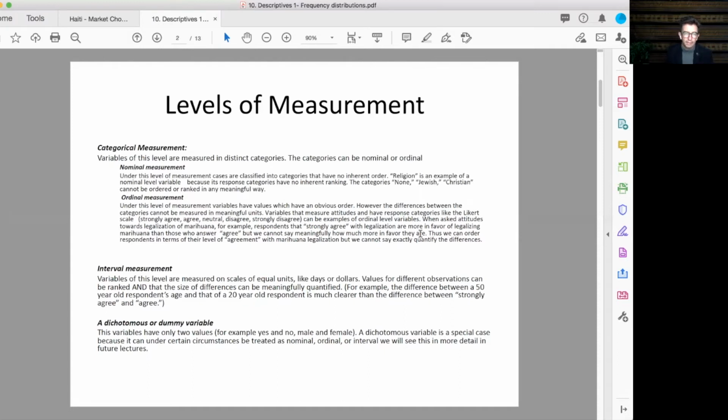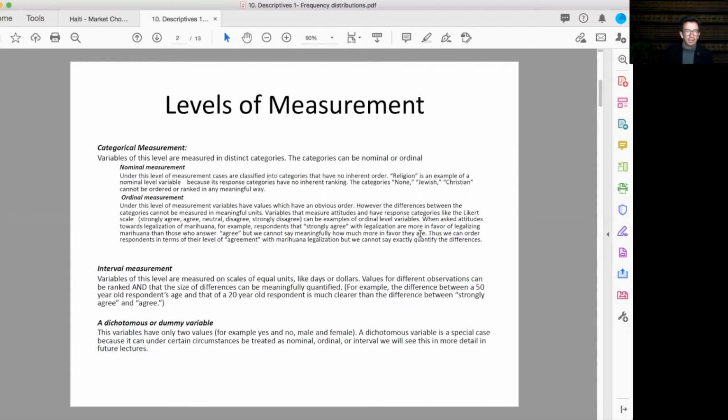However, categorical variables can also be of ordinal measurement. And under this level of measurement, variables have values that have an obvious order, right? For example, variables that are measured with Likert scales, of course, they can be ordered by level of agreement, right?